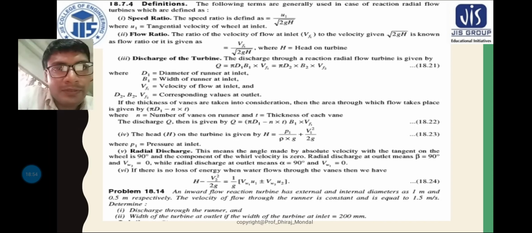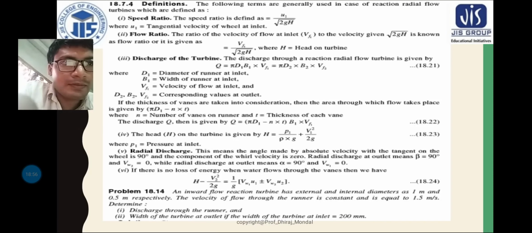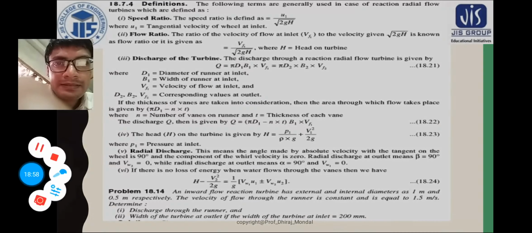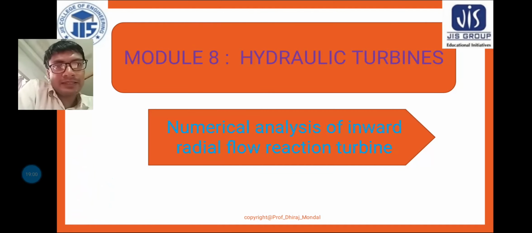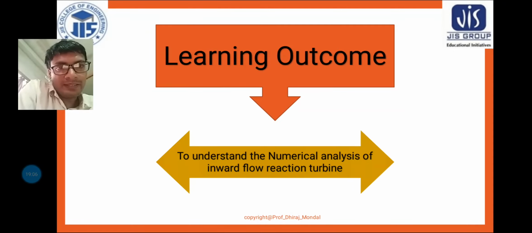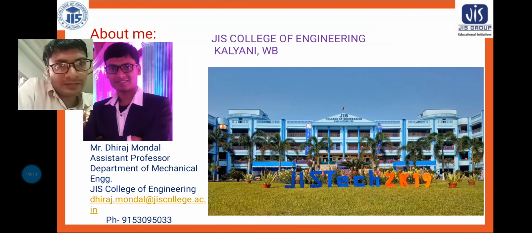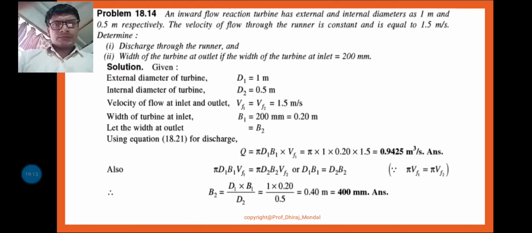Now let us solve some numerical problems. Let us discuss the numerical analysis of an inward radial flow reaction turbine. The learning outcome is to understand this numerical analysis. First, go through the problem.